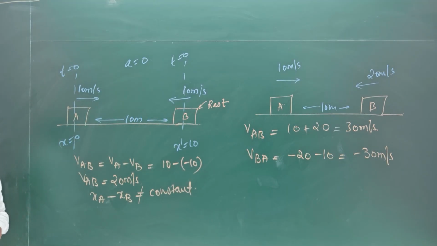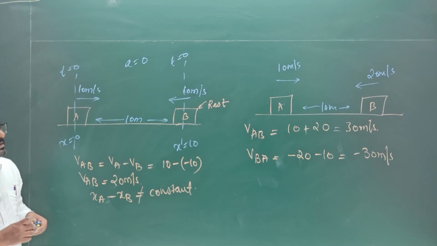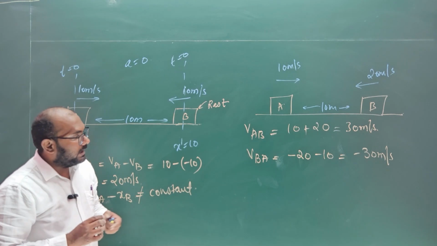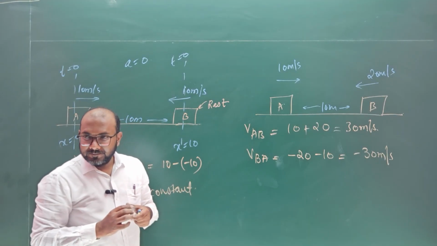When B is the observer, what does B say? Yes, very good. When B is the observer, B says that object A is moving towards you because it is having a positive value. Acha, if I ask A as the observer and ask A, what is happening?